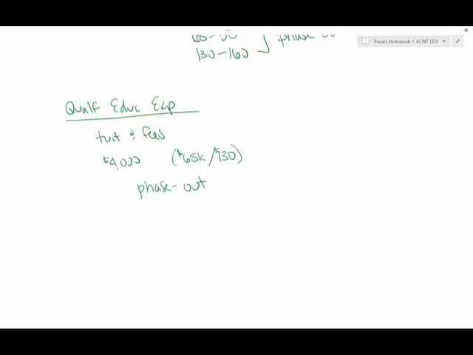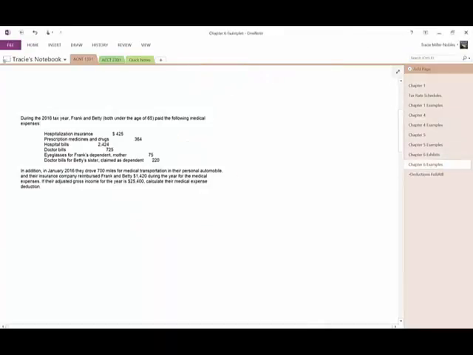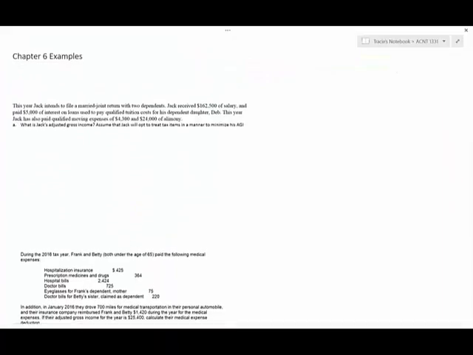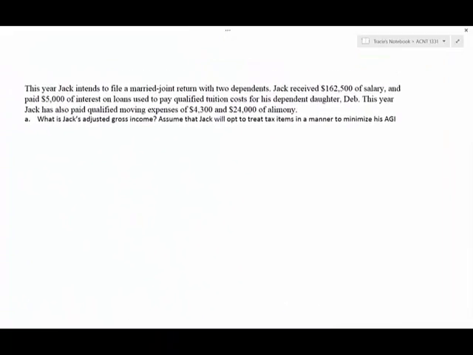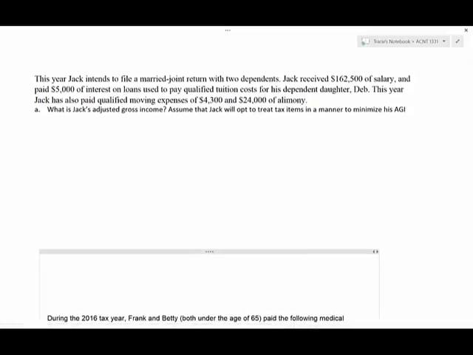Okay, so we are now ready to work our first example, and then this will be the end of our first video. So the first example that we're going to look at is a general overview of the deductions. Okay, so this is the first one. So in this situation, it says, this year Jack intends to file a married joint return with 2 dependents.